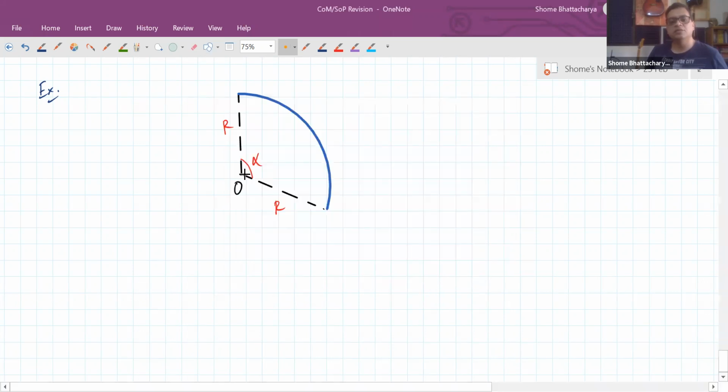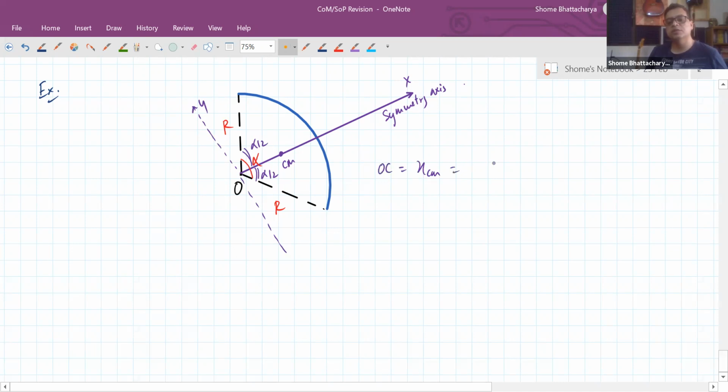So by a similar derivation, it's possible to show that the center of mass lies on the symmetry axis, which will be the angular bisector. So this bisects this angle, and this is the symmetry axis. So if we take this as our x-axis, then the center of mass will be somewhere here, where the x coordinate of the center of mass, or the distance from O to the center of mass, will be given by this formula.